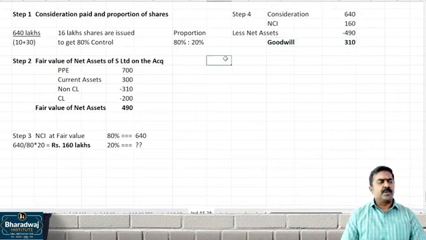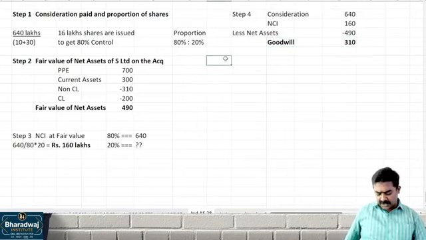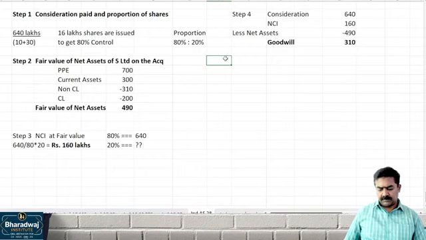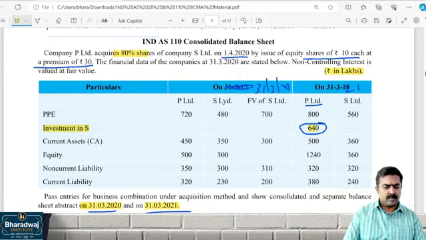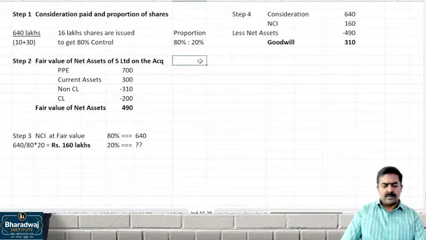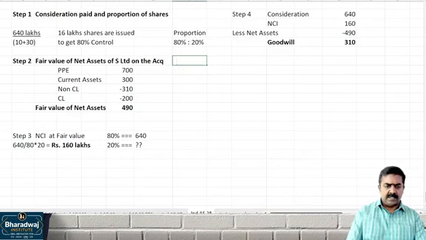Wait, they ask you to prepare the balance sheet immediately. They ask you to prepare which one? Balance sheet of which company?